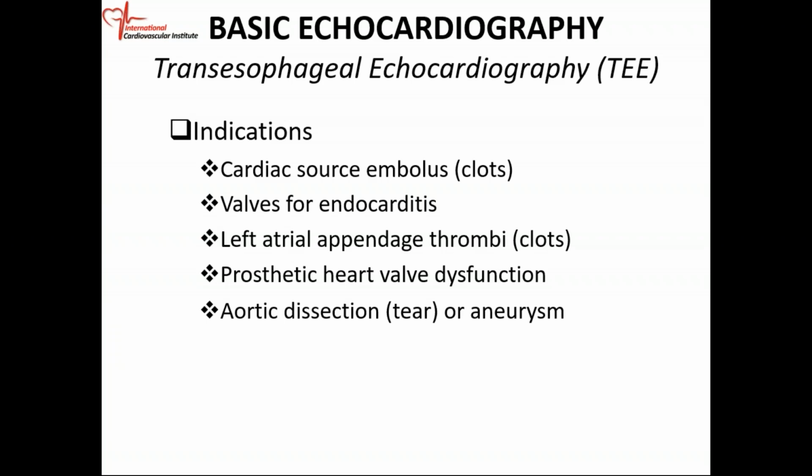If you can do a transesophageal echo quickly, especially when the patient is in the emergency room and you suspect aortic dissection, instead of sending the patient to the CAT scan, which might take a little time to get the CT scan staff up and running, you can quickly do a transesophageal echo. You can make your diagnosis. So we can use it for the diagnosis of aortic dissection or just plain aneurysm.